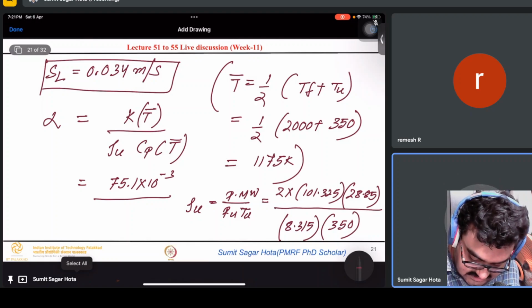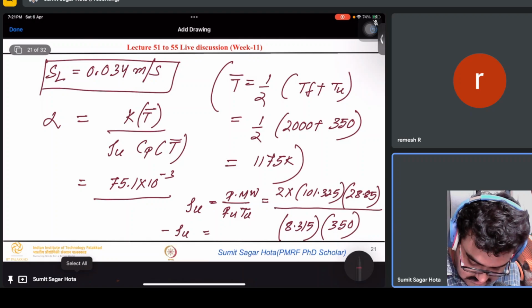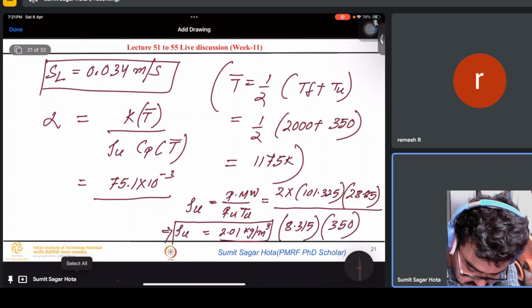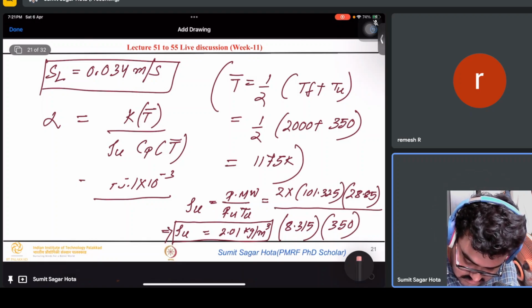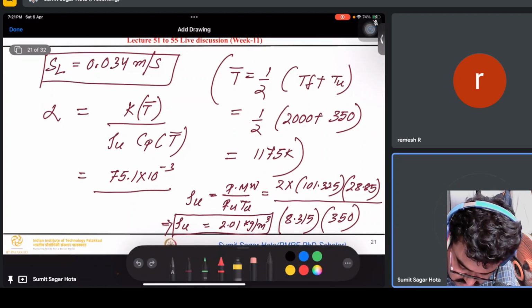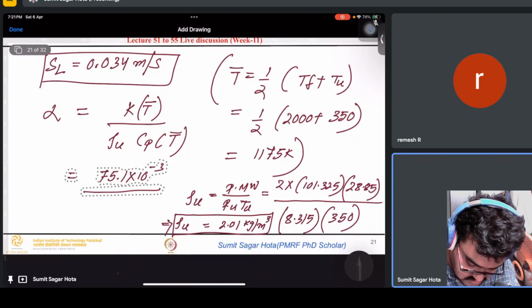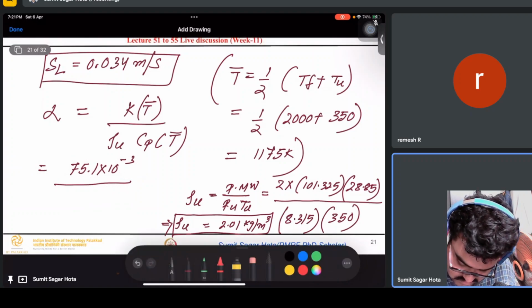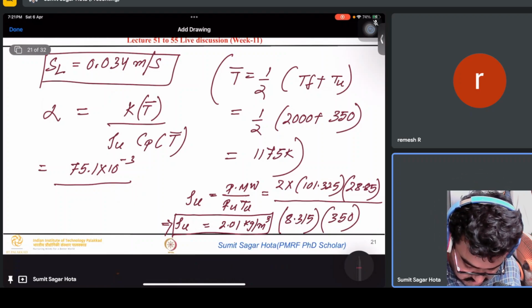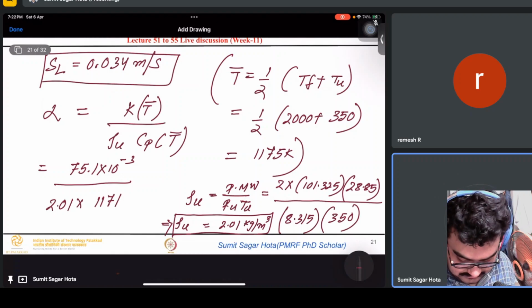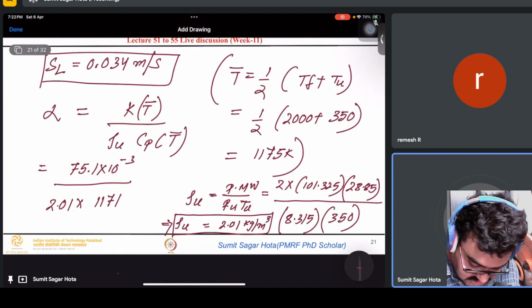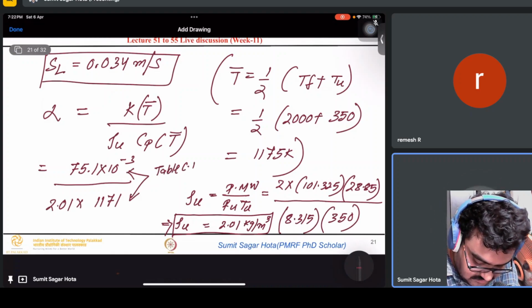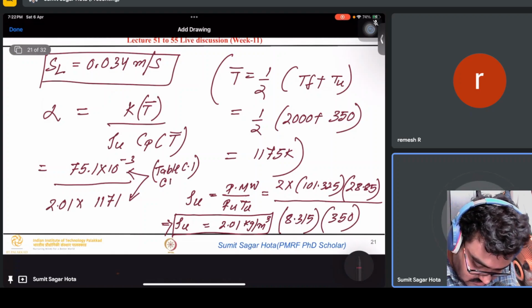So we find out the unburned gas density as 2.01 kg per meter cube. Rho u is 2.01 and Cp is 1171. These are taken from table C.1 at 1175 Kelvin.